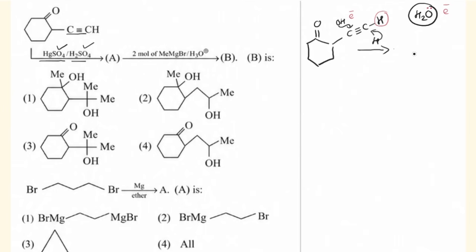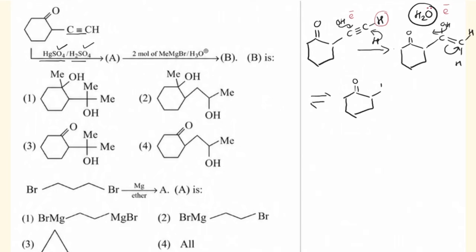So what we are going to get in the first step, you can see that you are going to get enol. And you see enols are not stable because they can undergo tautomerization. So this is a tautomerization happening and we are going to get ketone. So there is a cyclohexanone which in turn again attached to a ketone like this. And what is this? This is product A.